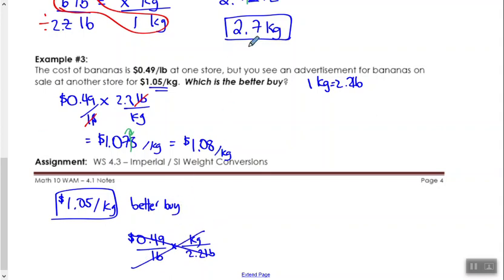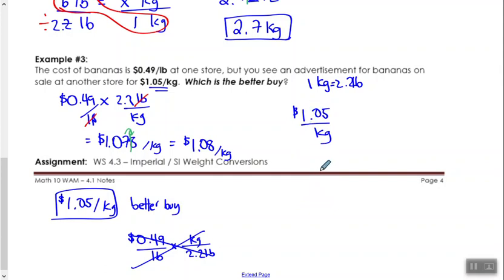Now, conversely, I could have also figured out what $1.05 per kilogram is, changing that to per pound. So let's also do that one to show you that we find that this is a better buy as well. Okay, so I have $1.05 per kilogram. And I want to know what that is per pound.